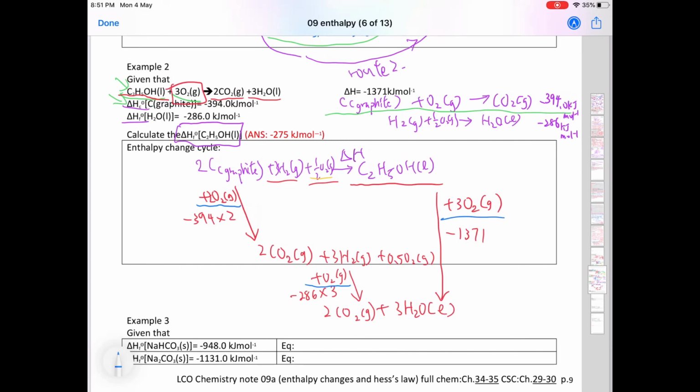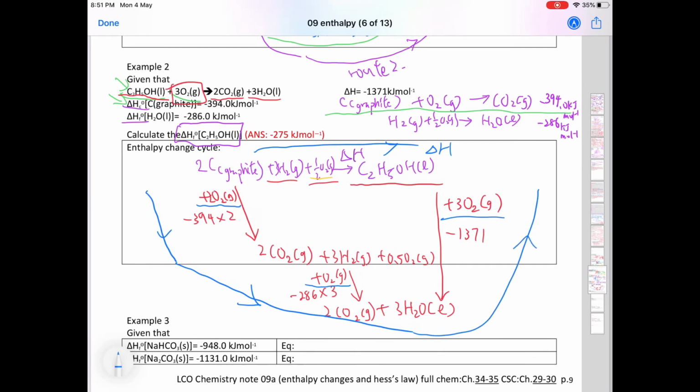And now you still get the same enthalpy cycle as before. For the first route, it should be delta H only. And then for the second route, there are 3 steps, forming 2 carbon dioxide, and then forming 3 H2O, and then finally the backward reaction of the combustion of ethanol.